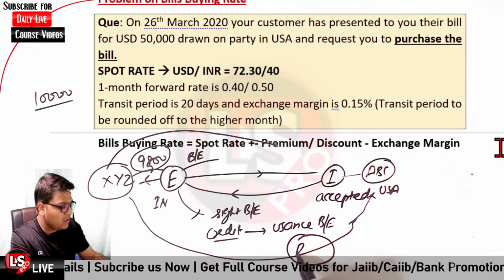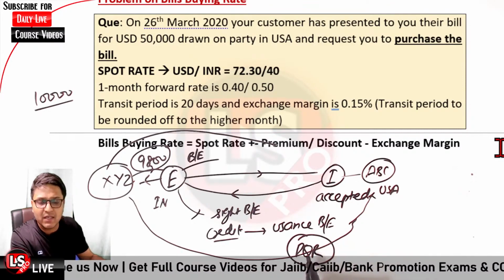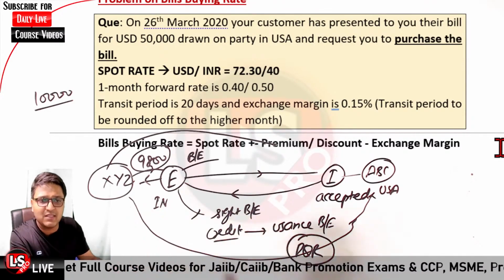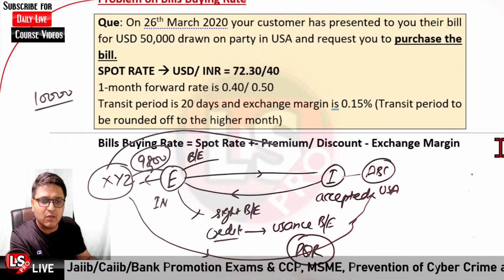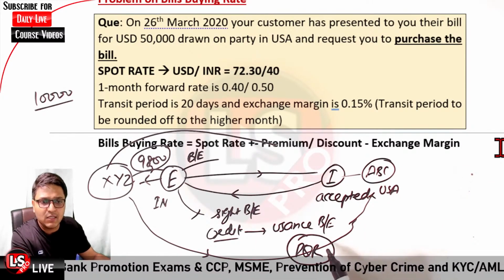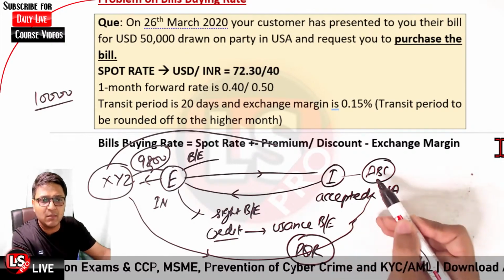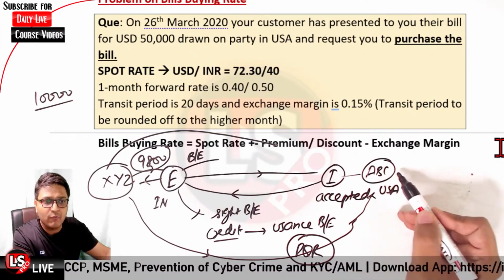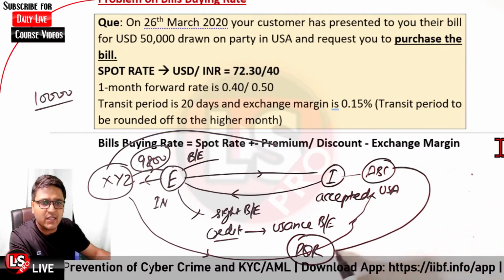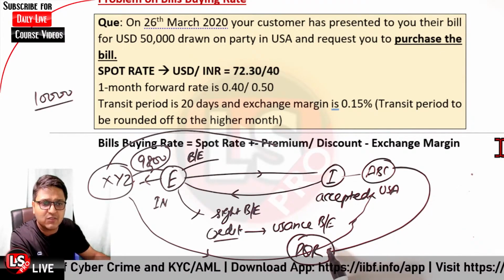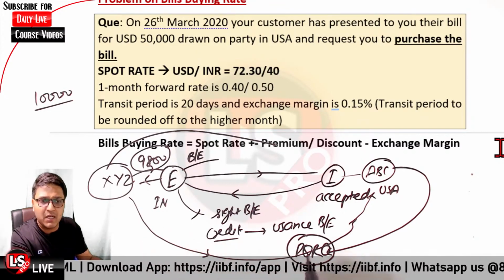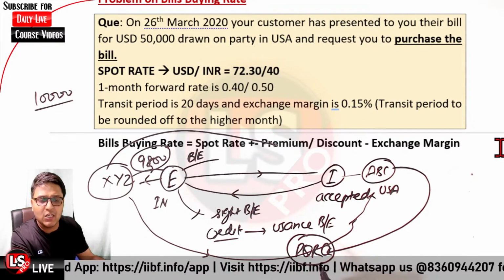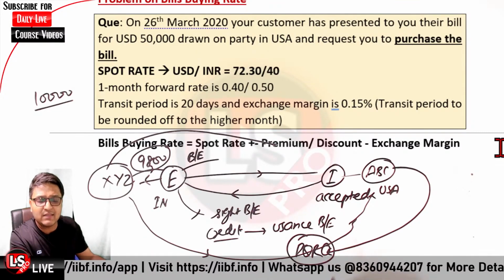Let us assume that PQR bank is a correspondent bank of XYZ in the same country, the USA. So XYZ bank forwards the bill of exchange to PQR, and PQR presents the bill to ABC for payment. Whenever the amount is credited to the nostro account that XYZ bank maintains with the correspondent bank in the USA, that is said to be the transit period.